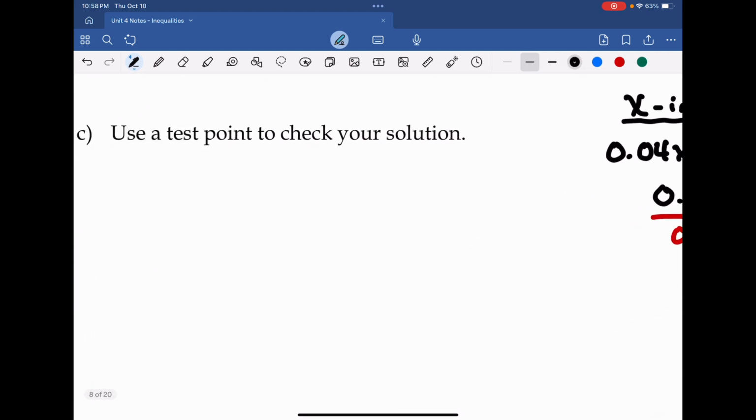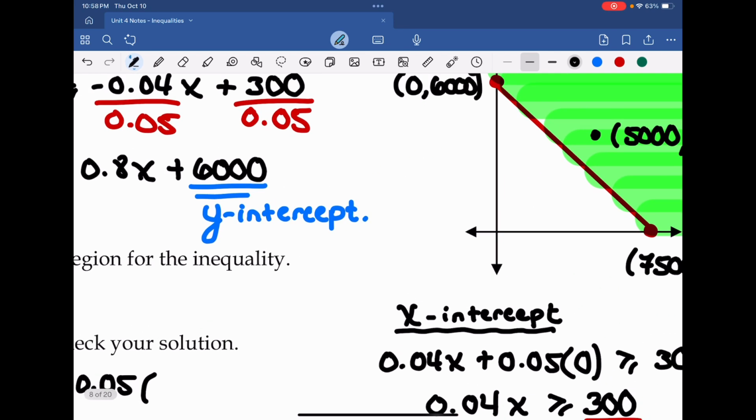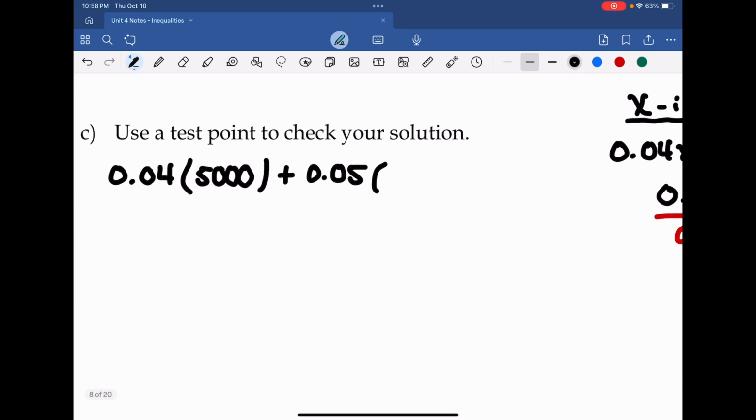Okay, going below, we're going to plug them into the original equation, 0.04 times the original value, which in this case was 5,000 for the X. For the Y, this is going to be 0.05 times the value we selected, just to make sure, oh yeah, 3,000. And then this is supposedly greater than or equal to the 300.